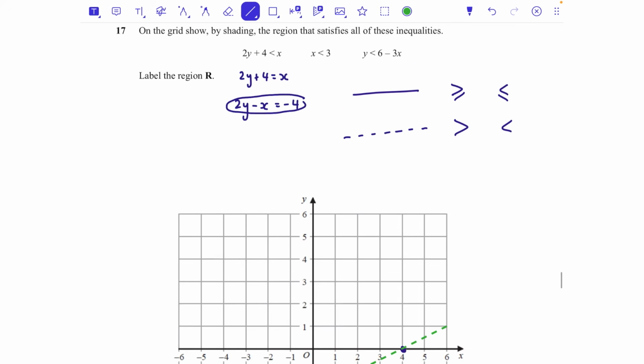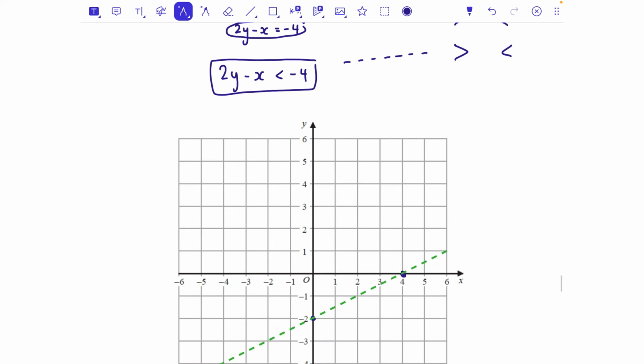Now I would like 2y minus x to be smaller than minus 4. That's the inequality that we're trying to shade. So what I would do is pick a point, and the origin is always a really good point to use, because at the origin you've got x is 0 and y is 0.